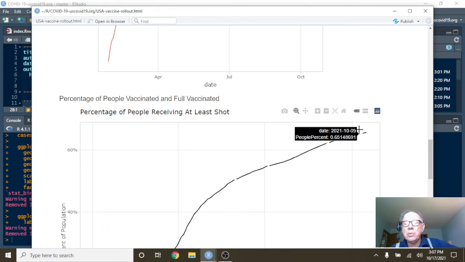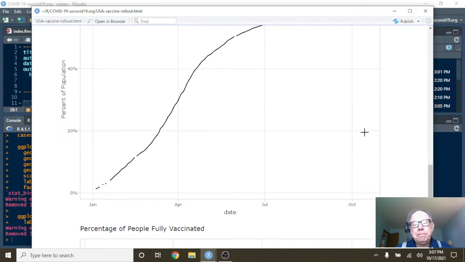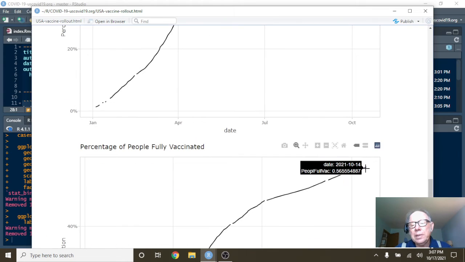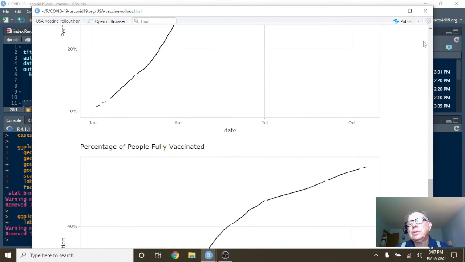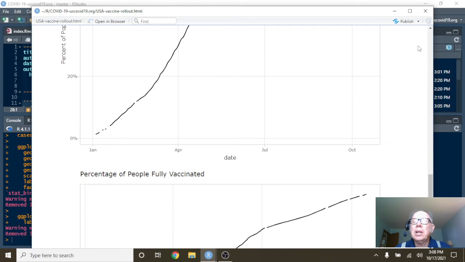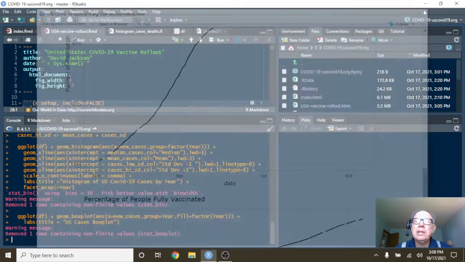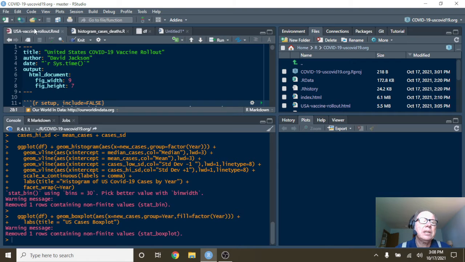What does that give us for numbers? Well, this means that 65.4% of the U.S. population have received at least one shot, and 56.5% have received the full treatment, whatever that full treatment is. But it's still the number of people who haven't been vaccinated, based on the number of cases that continue to be reported.